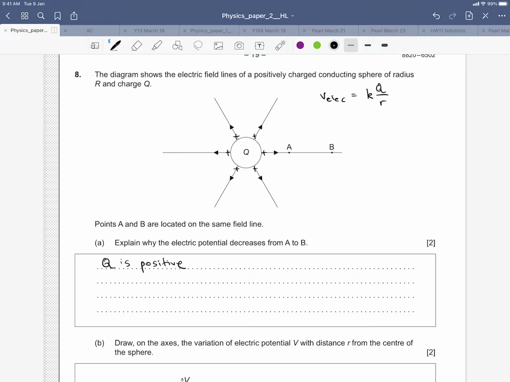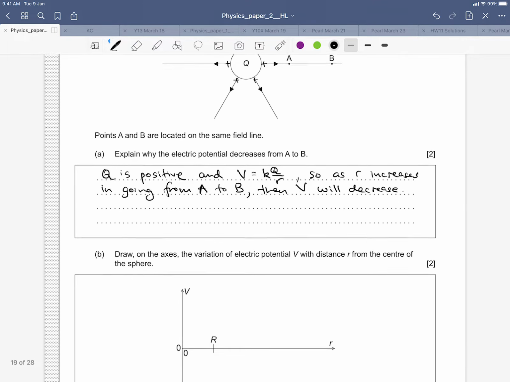The potential is given by V equals kQ over r. So as r increases in going from A to B, then V will decrease, as we see from that formula.